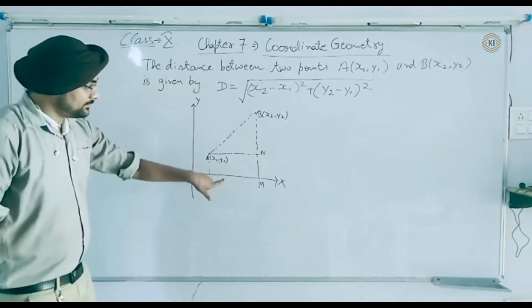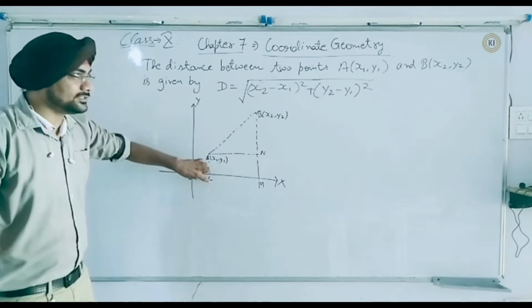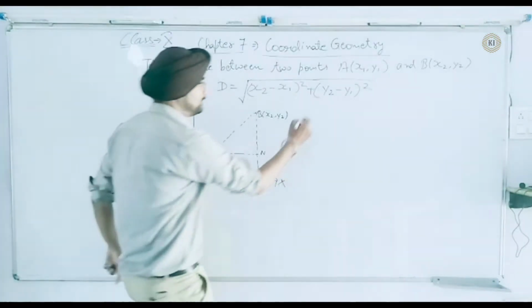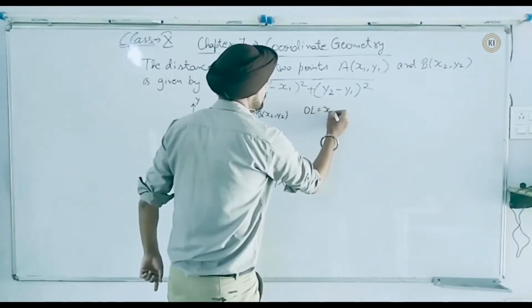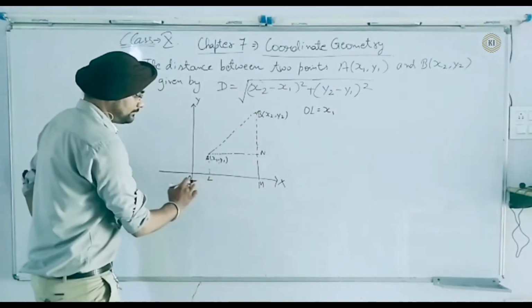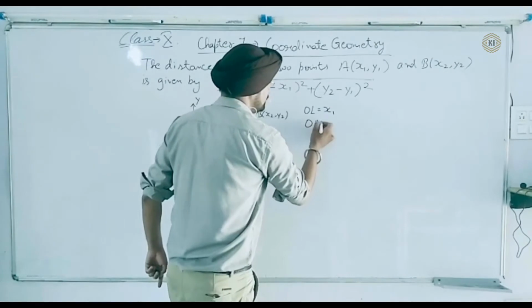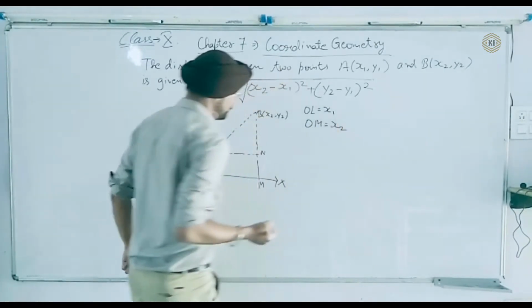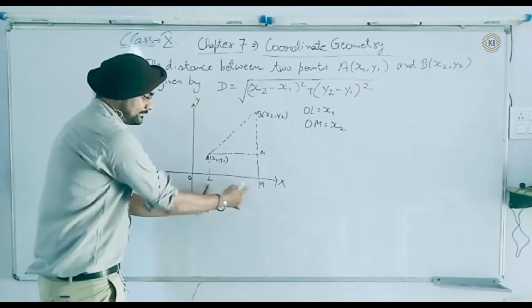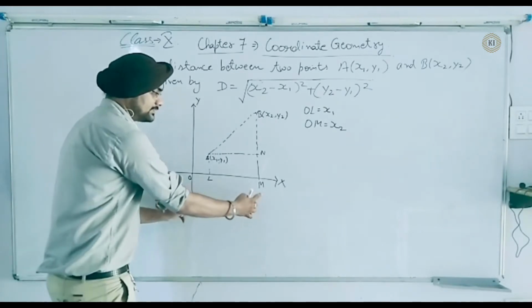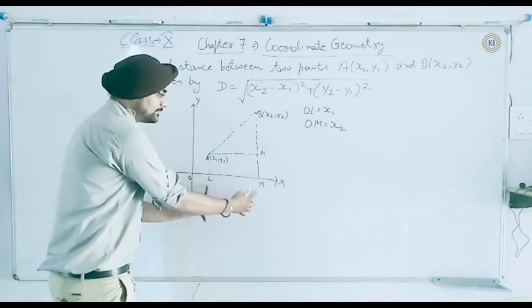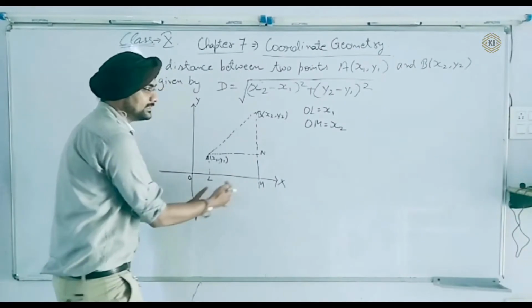So see, distance OL lies on the x-axis, so OL will be our x1. OM lies on the x-axis, so this distance OM will be our x2. Now distance LM: this much is x1, this much is the total x2, so the rest part LM is x2 minus x1.